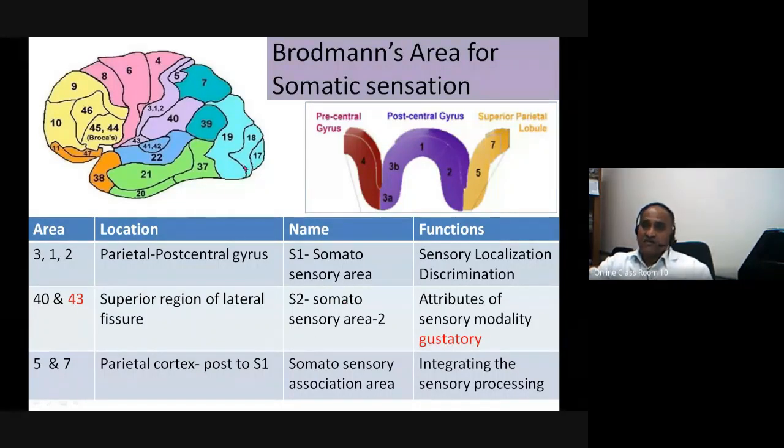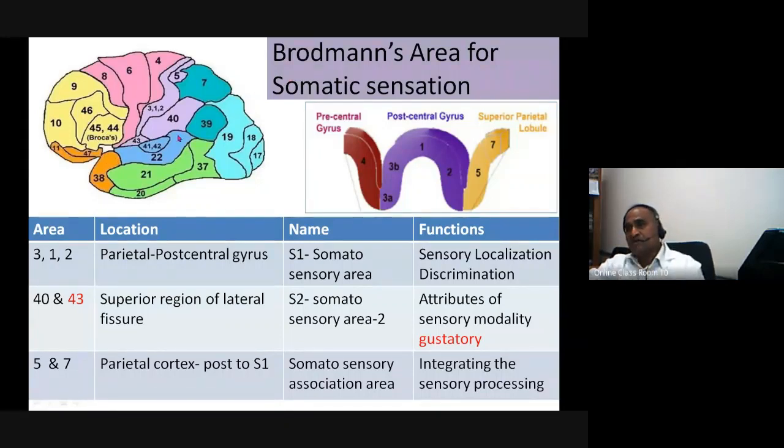Then we have 5 and 7. These are the somatosensory association areas, so they integrate. They give the fine details of the sensory modality and integrate the entire sensory processing in reference to the occipital cortex, the auditory cortex, and the limbic cortex.